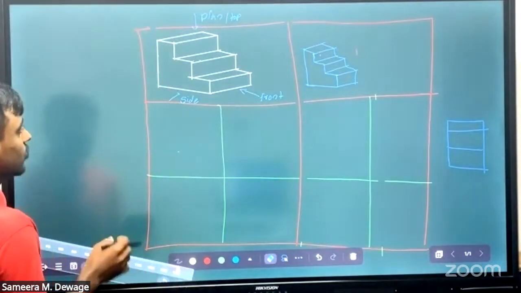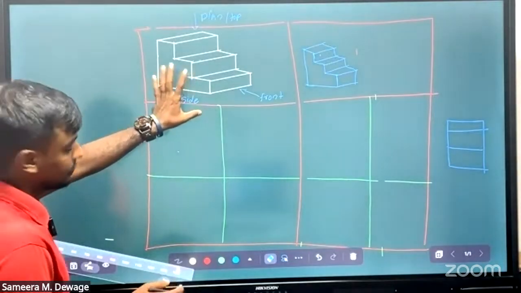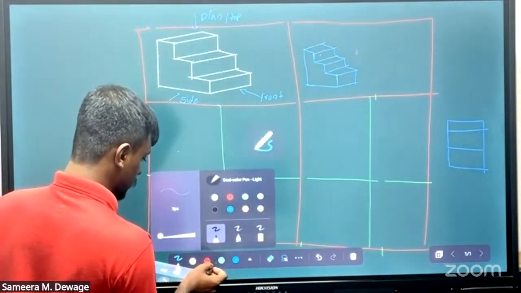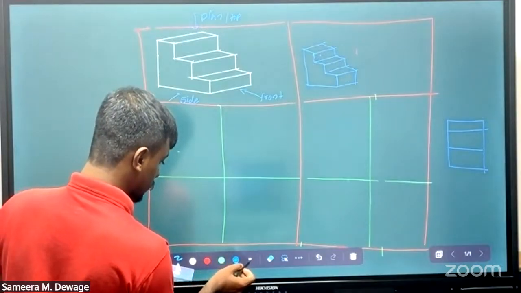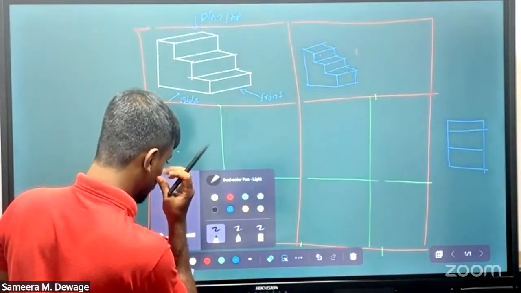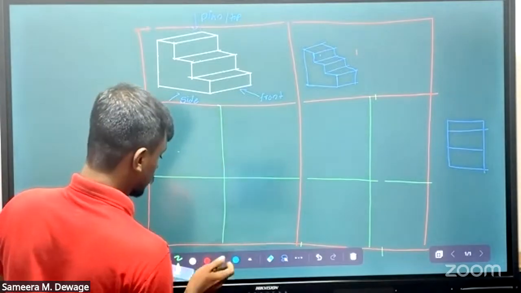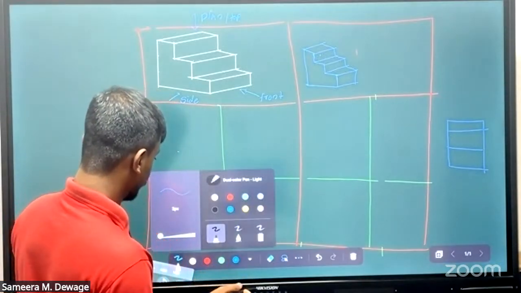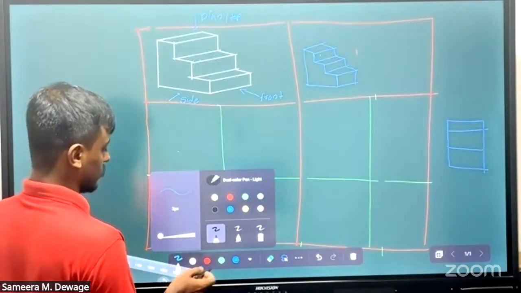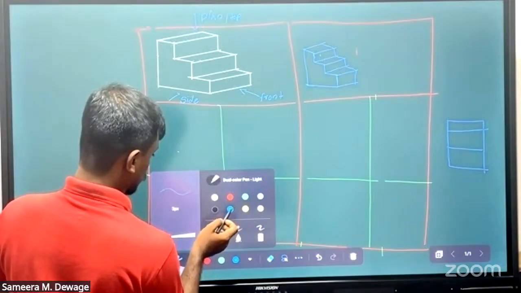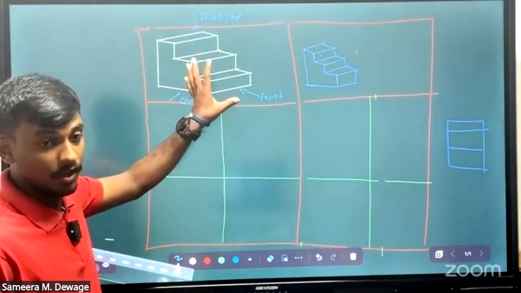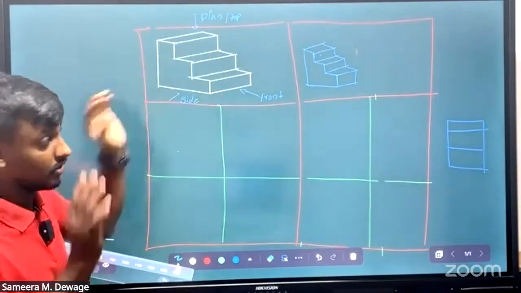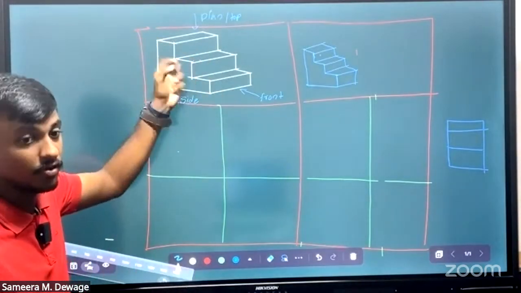Okay. So this is your object. Then you are going to draw the views according to the front direction, the side view, and the flank view.